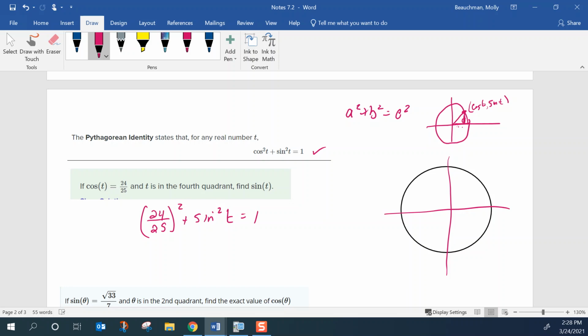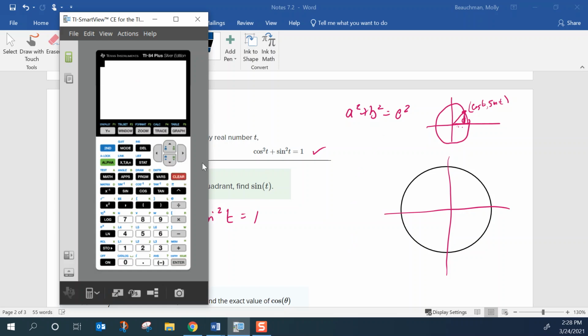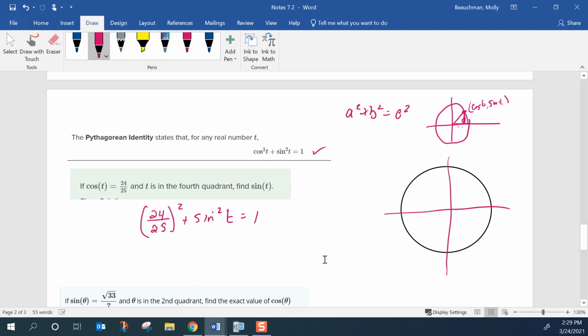Then square your 24 over 25. So we're going to take 24 and square it. We get 576. 25 squared is 625. We get 576 over 625, plus the sine squared is equal to 1.